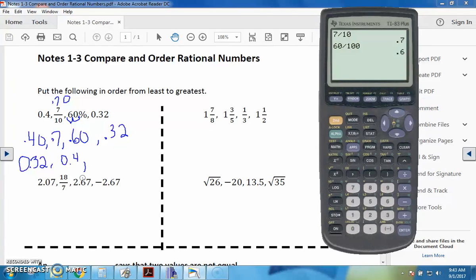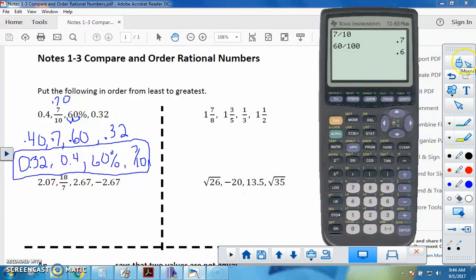What's next? 60 hundredths, but how would I write that? Well, no, remember, we're going to write it in the original format. There you go, 60%. So we would put 60%, and then the next one would be 7 tenths. So we would just put 7 over 10. There's our answer. We put that in order from least to greatest, and that's all we have to do.